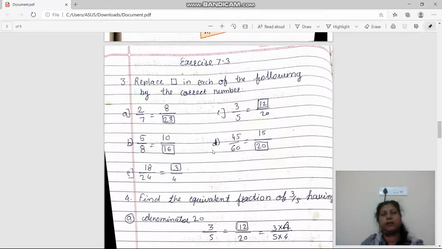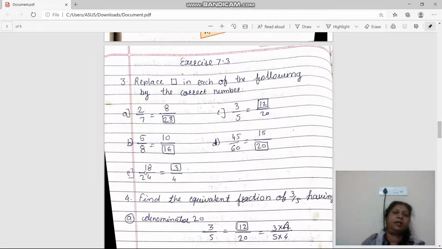Right? Next, 45 upon 60 and here 15. 45 should be divisible by 3, then we get 15. So 60 divided by 3 we get 20. Get it?